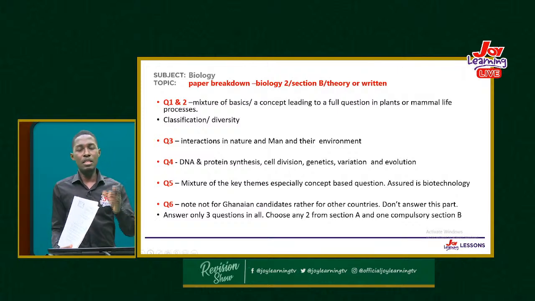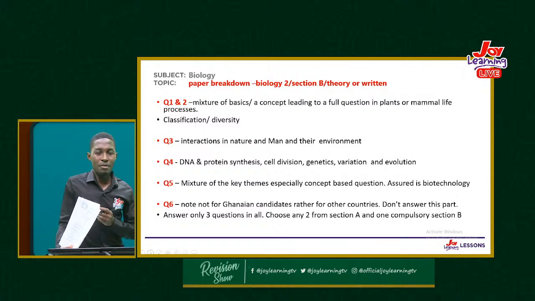Let's say excretion. We start by asking what excretion is, then we zoom in either into plants or animals, then we ask a little more in-depth questions, usually comparing something in a plant and in a mammal, or taking two organisms and comparing them. That's what we mostly do. Or we give you some basic diversity question on classification. This is how we structure it.